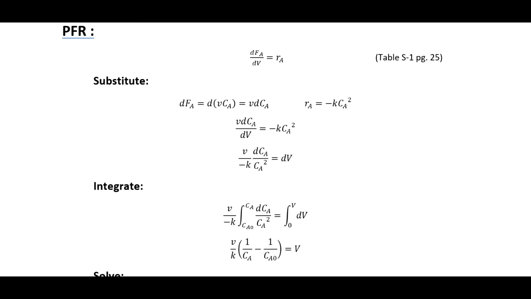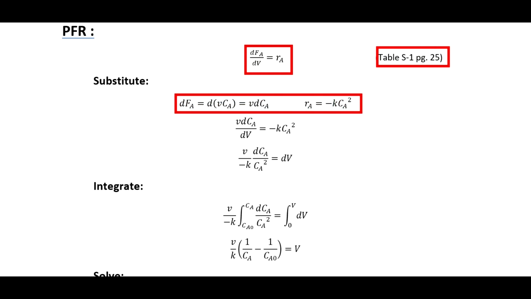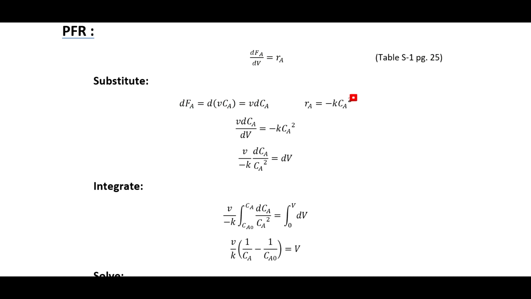Calculating the volume of a PFR for this new reaction rate, it's going to be similar, but we're going to have a slightly different integration. Again, getting the formula from table S-1. Substituting for these two functions, except you might notice, again, we have a C sub A squared. Substituting that in, isolating C sub A's for integration.